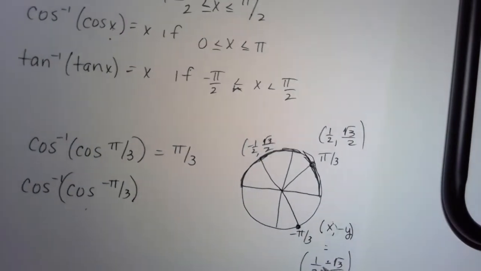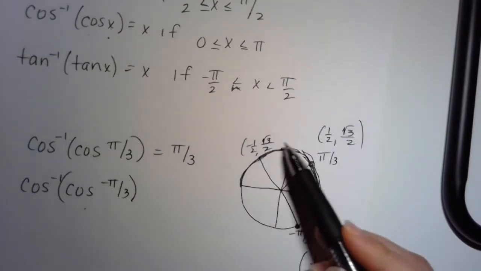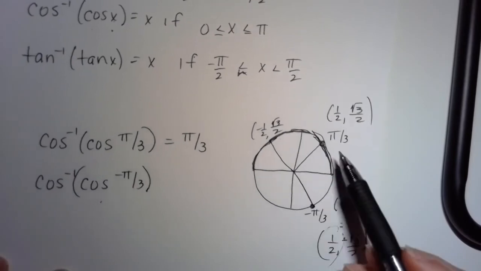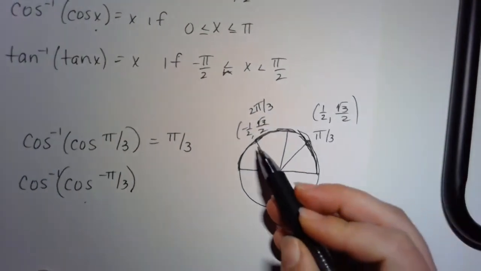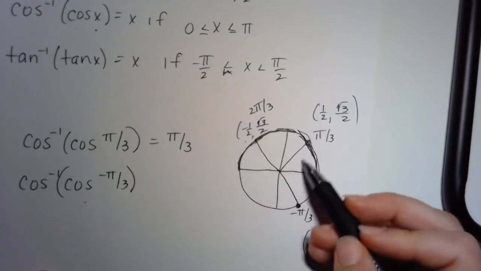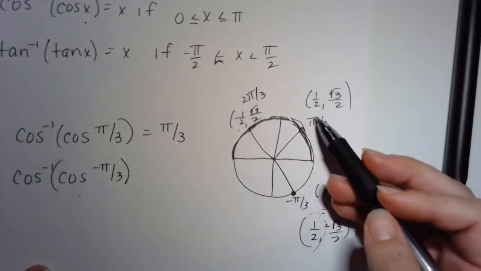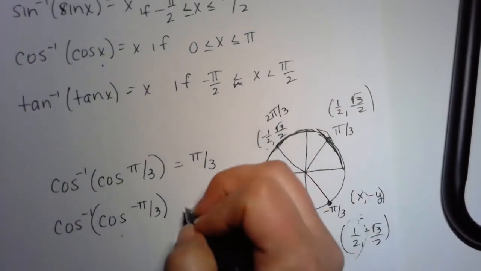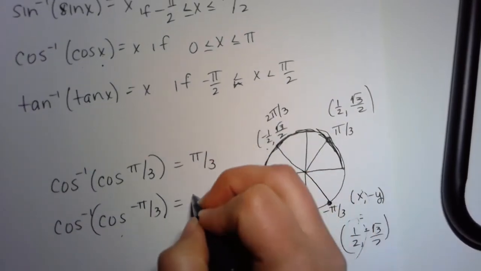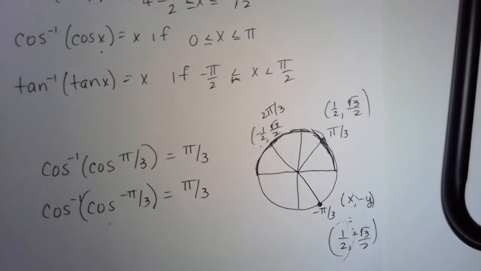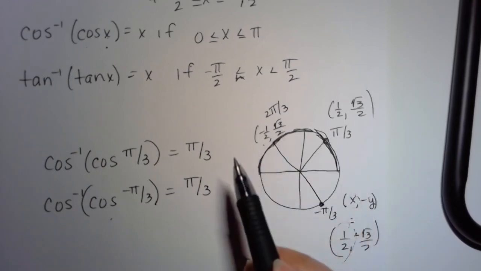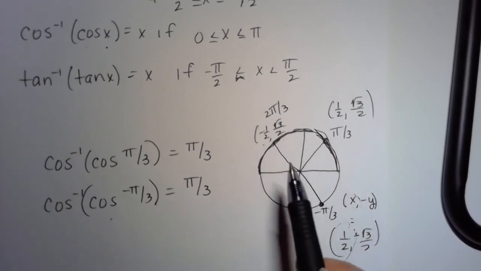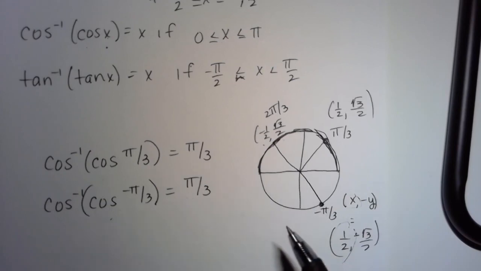And we want the one up here, because there's only two values of pi over 3 up here. So this one would be 2 pi over 3. This one would give me a negative cosine. This one gives me the same positive cosine of 1/2. So this is actually equal to positive pi over 3. Basically, if this isn't between my domain restriction, I want to choose another angle in my domain restriction that gives me the same cosine value.